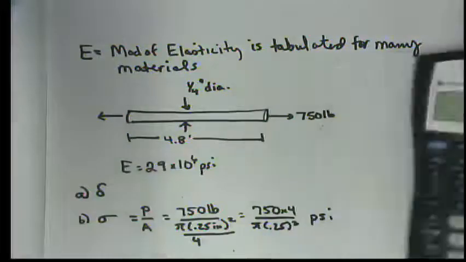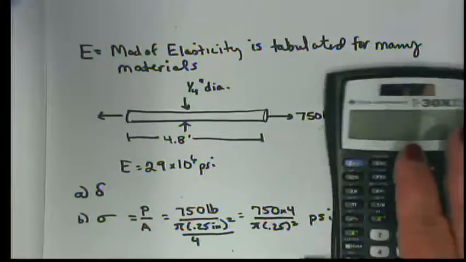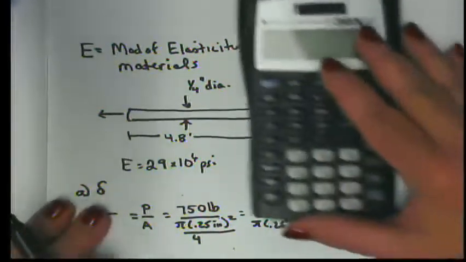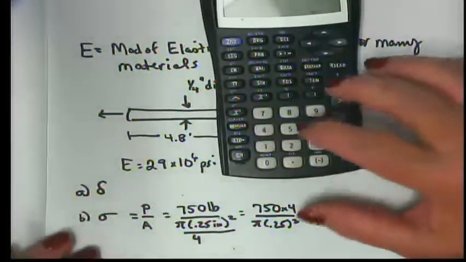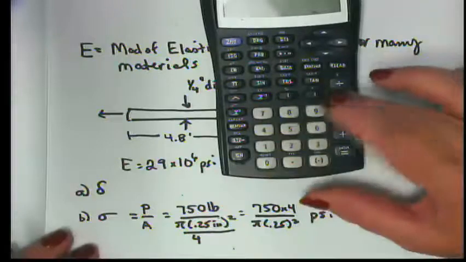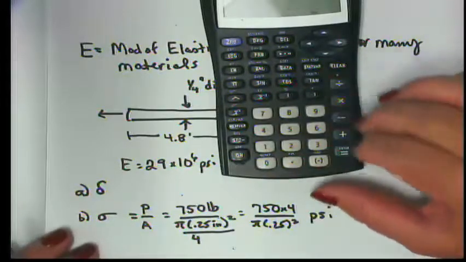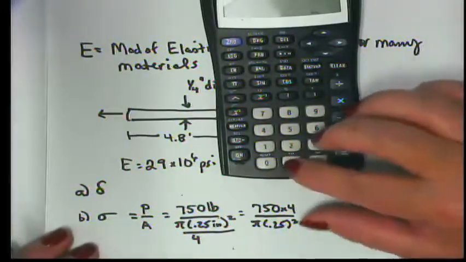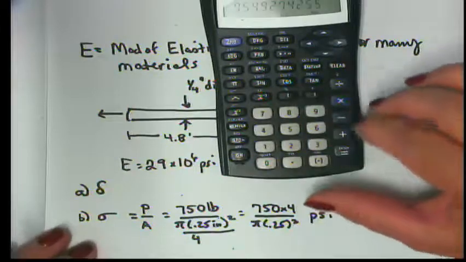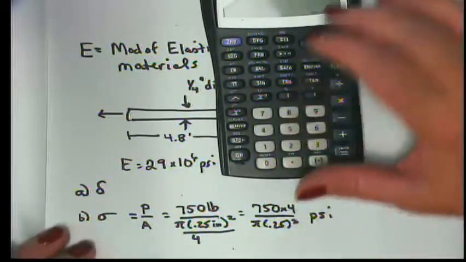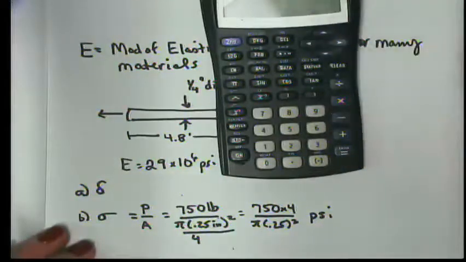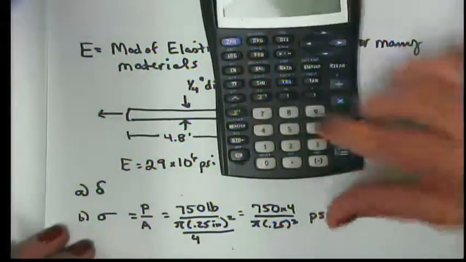Okay, so on my calculator, let me put this up here. I just have 750 times 4 divided by pi and divided again by 0.25 squared. There you are.